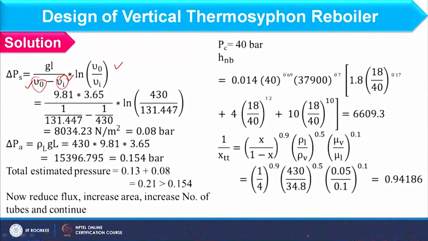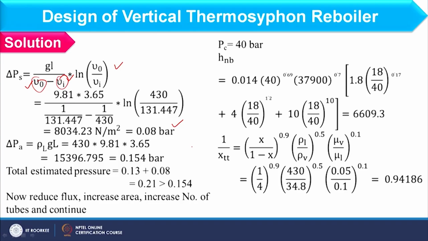So, we have considered specific volume instead of density. So, here you can find out delta Ps value as 0.08 bar. Okay. So, total pressure drop due to friction we have 0.13 bar, and total pressure drop due to static head we have 0.08 bar. Addition of these two will be 0.21, which is the total pressure drop available in tube side.